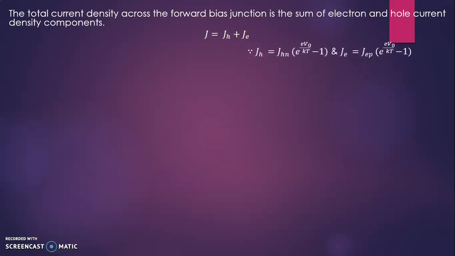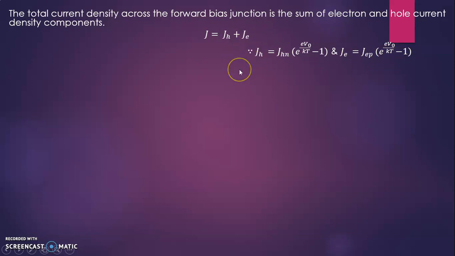So we can write the previous equations: J_h is equal to J_hn into (e^(eV0/kT) minus 1) and J_e is equal to J_ep into (e^(eV0/kT) minus 1).